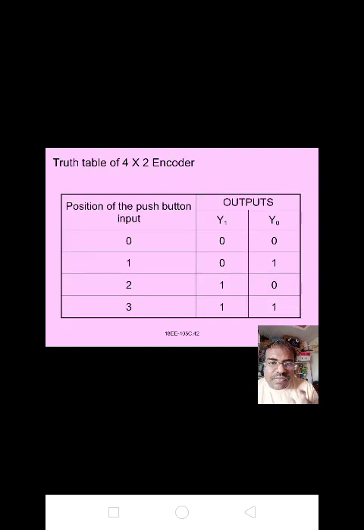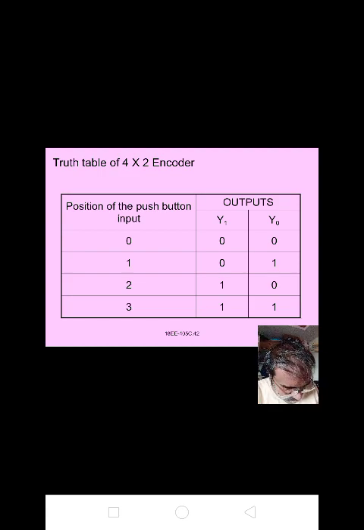Okay, next. Truth table of 4 into 2 encoder. Please make a note of it, it is also a most important one.